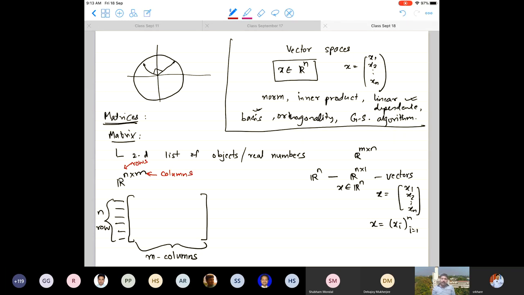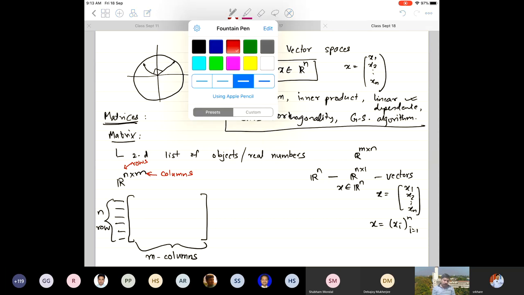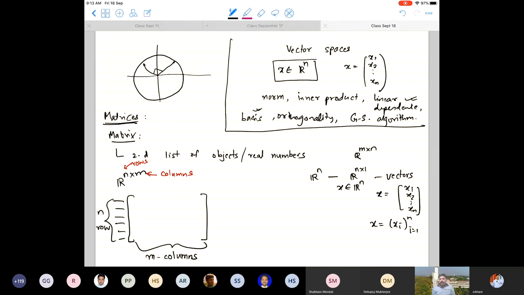Now you will ask me, why am I making so much fuss about this very simple symbol R^(n×m)? The reason is that I started with a one-dimensional list, then I went to a two-dimensional list. Computer scientists can call them arrays or lists or whatever you want. In maths, we'll call it a matrix.